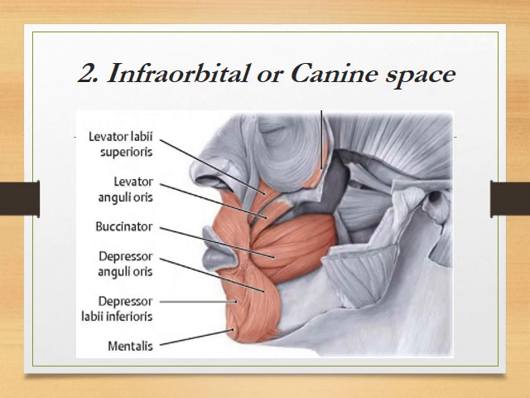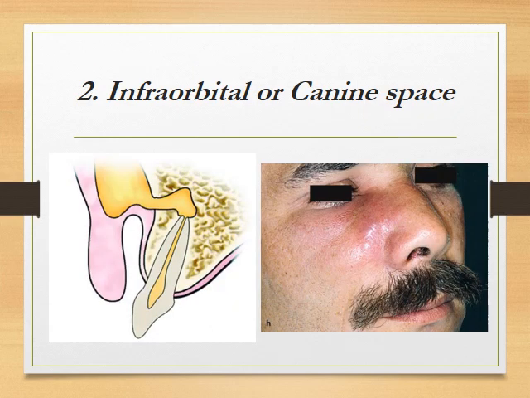What are the signs and symptoms of this space? How will it present itself to me? As we see in this patient, edema spreads toward the medial canthus of the eye. Here in the canine space, it spreads to the medial canthus, and the lower eyelid is also involved, and the side of the nose, as far as the corner of the mouth.